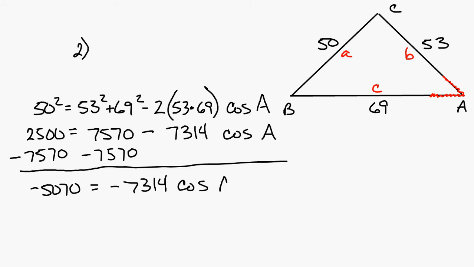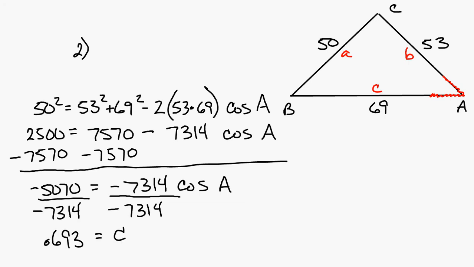So now you divide both sides by negative 7314. The negative 5070 is still in your calculator, so divided by negative 7314 is 0.693. So 0.693 equals cosine of A. You're looking for an angle measure.